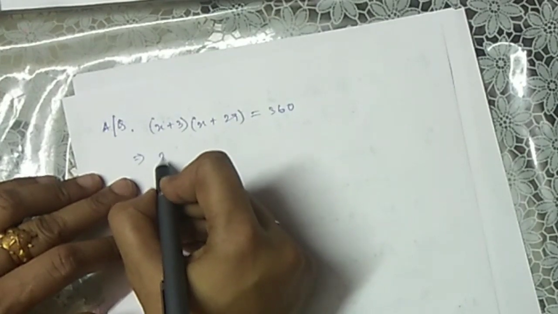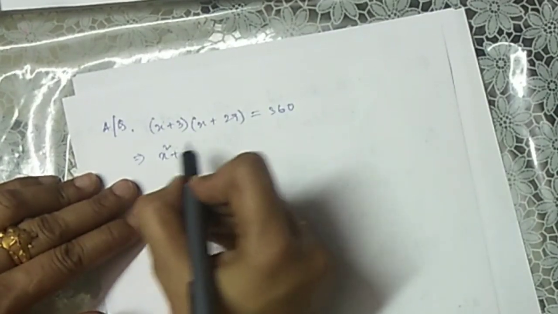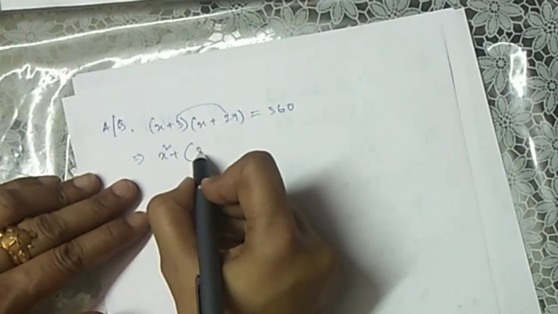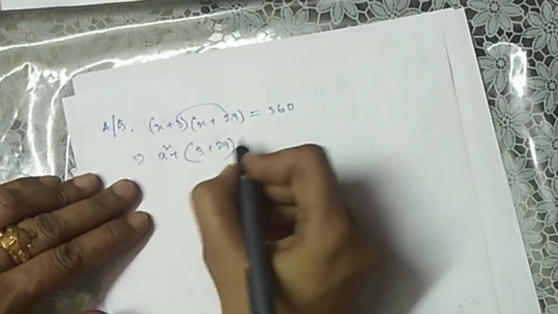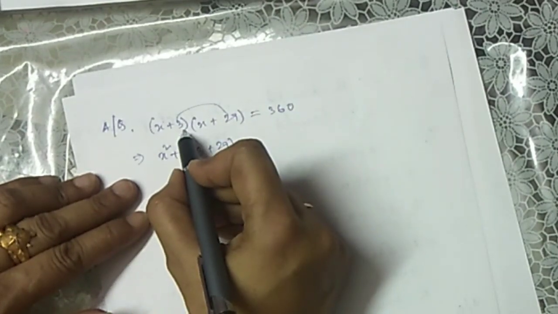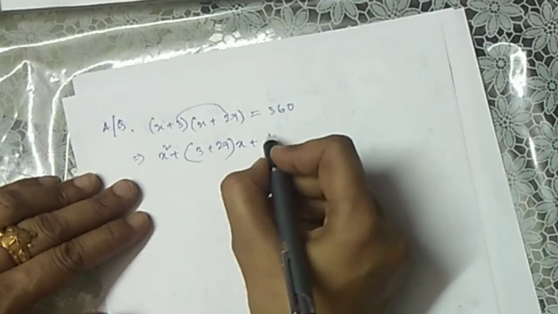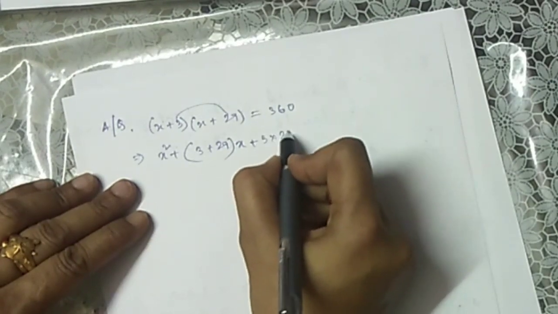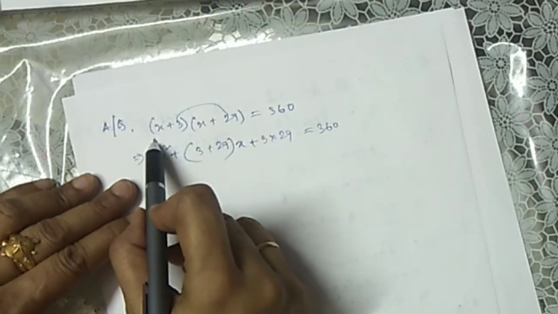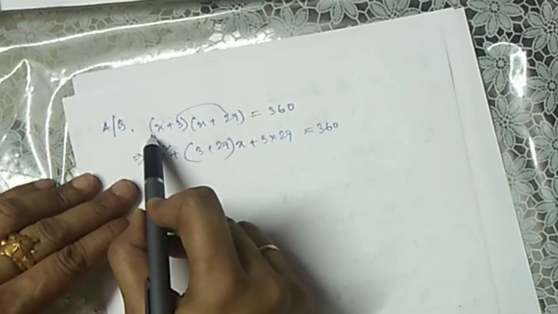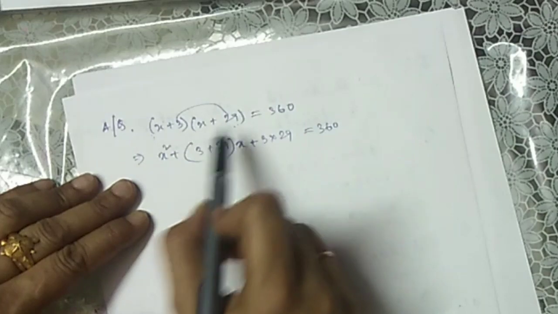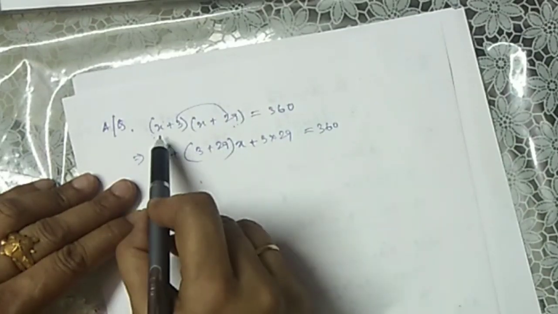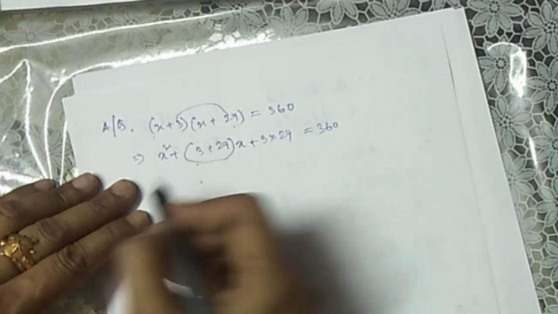Therefore, it will become x square plus, using the formula, 3 plus 29 times x, then these two you multiply. Sometimes you can use it directly by multiplying also, or by using this formula you can do it.